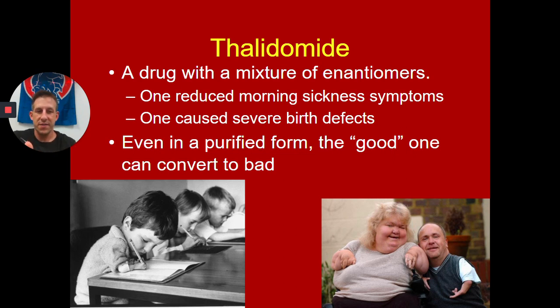They saved an entire generation from countless tragedies. They oftentimes get a bad rap, but the FDA does do these types of things, and they have these testing procedures for a reason. So thalidomide is a great example of how very small, subtle changes in the structure, the isomeric structure of one form versus another, can have drastic effects on the human body.